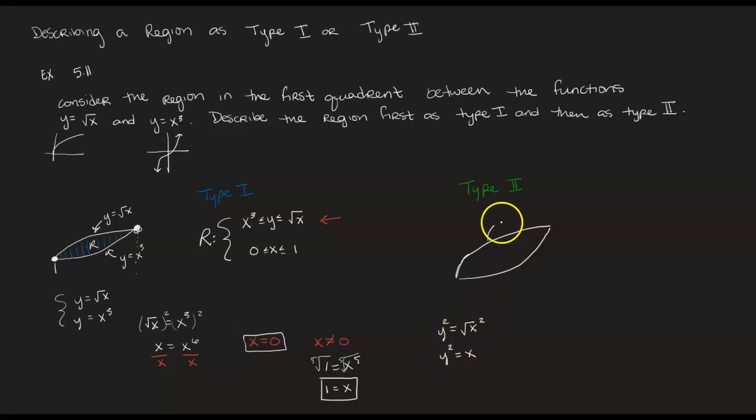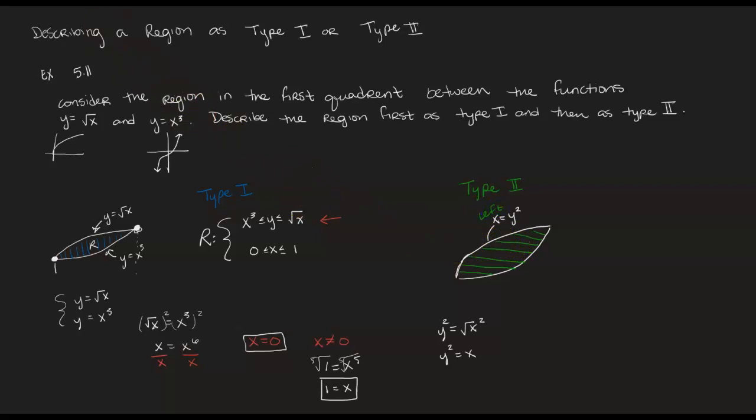So we have y squared as the function that we are going to consider, and this is more like the right function. So if we were to consider horizontal lines in our region, every horizontal line is between a left and a right function. And I realize I just said right, but I meant to say left. This would be our left function, x equals y squared.